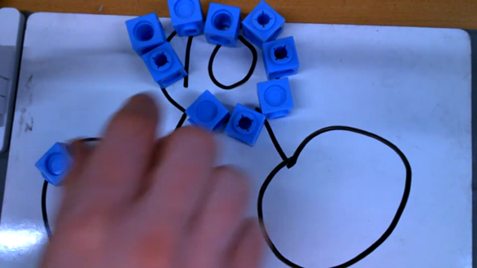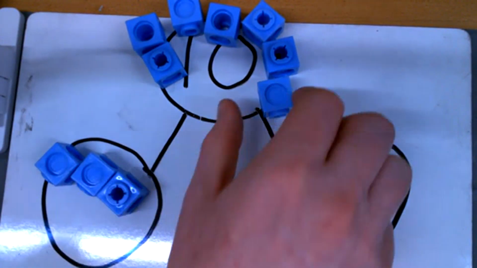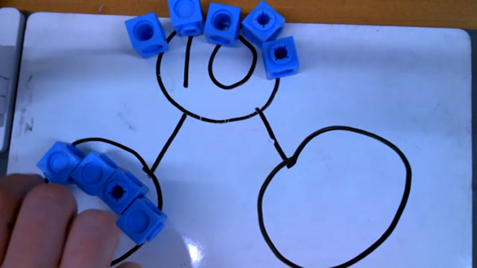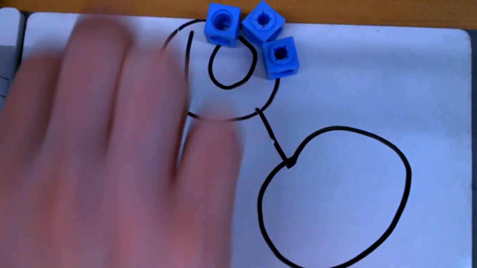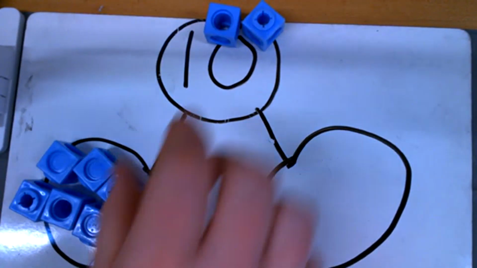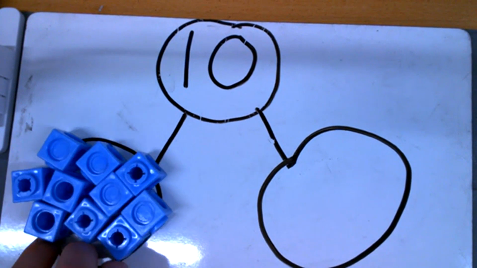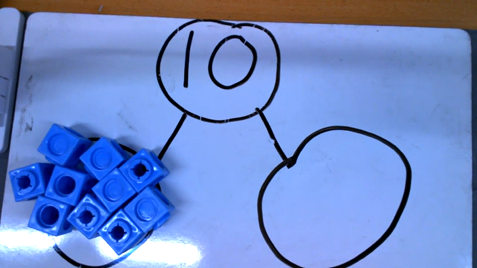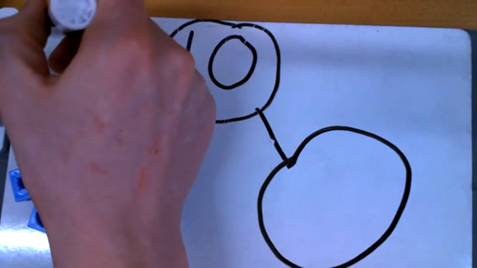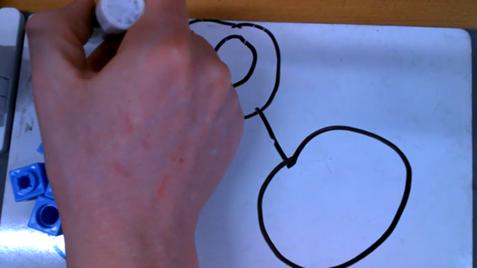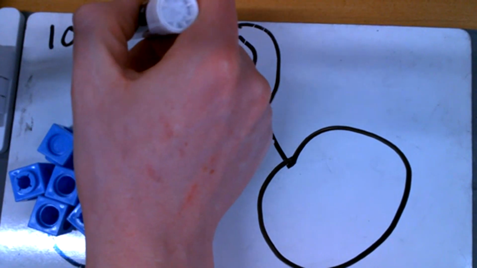Okay, well, let's go. 1, 2, 3, 4, 5, 6, 7, 8, 9, 10. Okay, so I have got my 10 cubes over here. Have I got any over here? No, I've got none in there. So I can say 10 plus 0 equals 10.